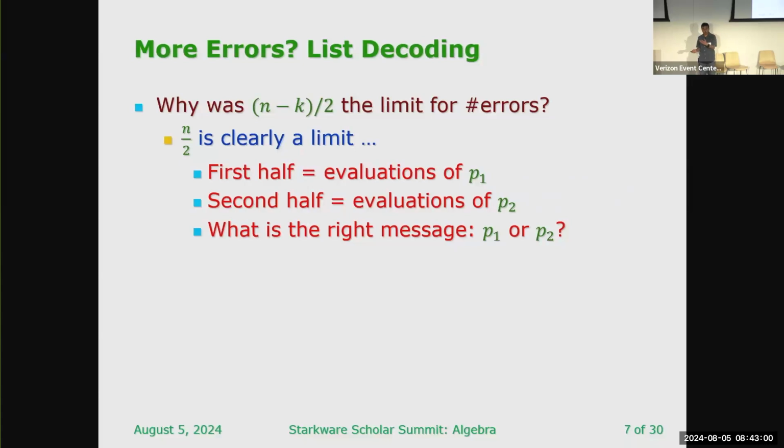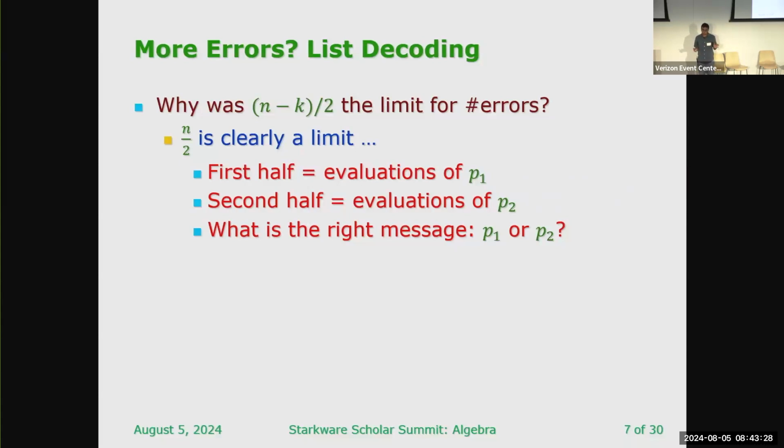For how many errors can you actually correct the polynomials? And we believe one of the conjectures going around here, which we haven't completely used because it's not a theorem, is that actually roughly n minus k minus little o of n errors can be handled with list decoding.